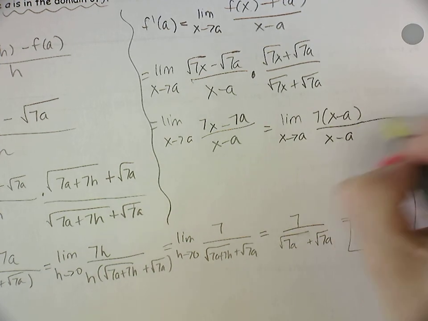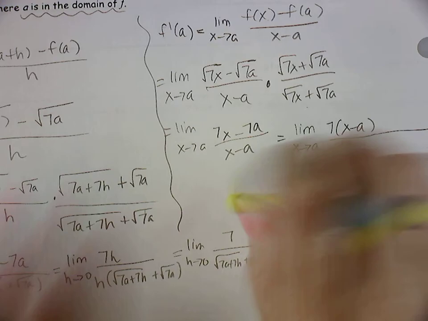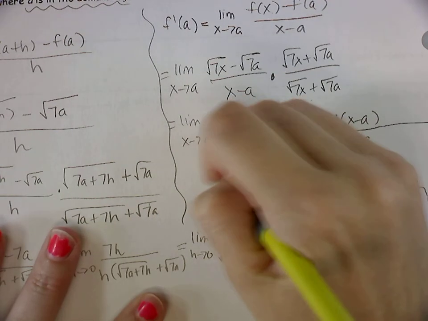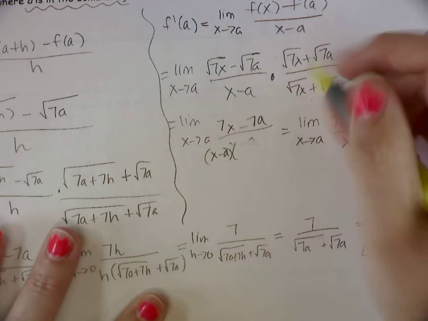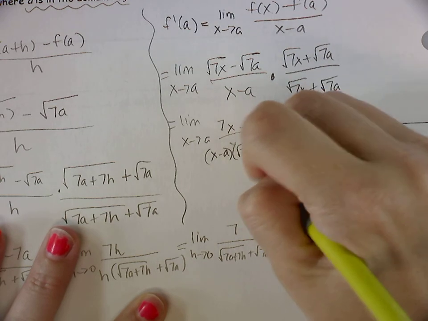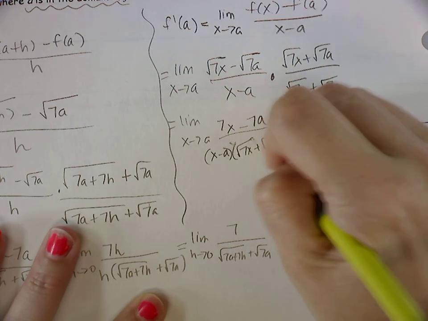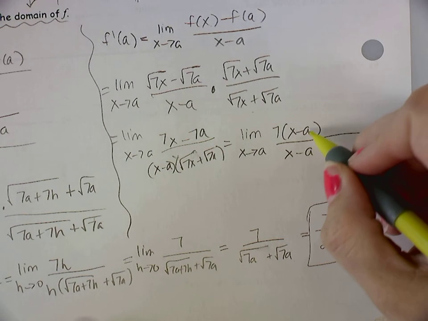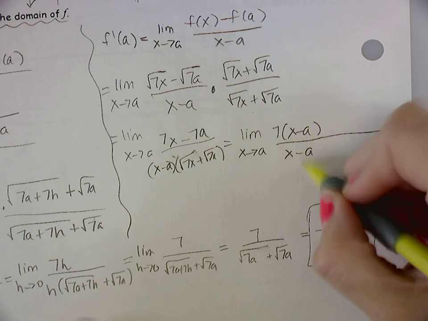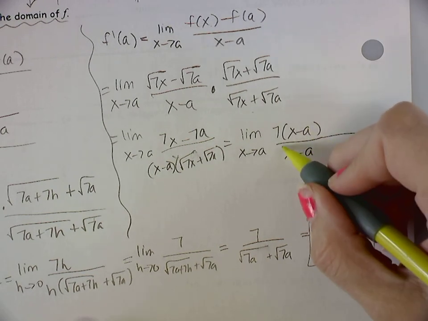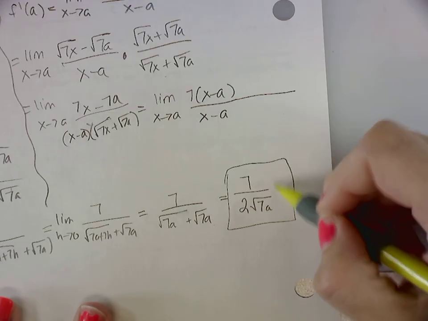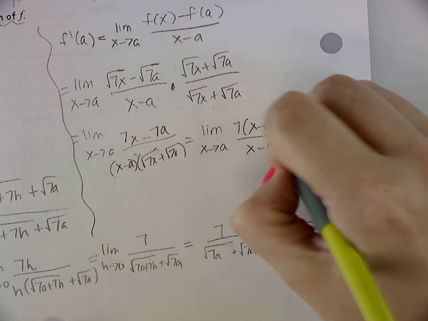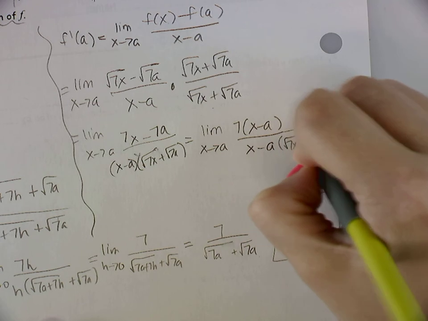I told you I forget that step sometimes. Can't do that. All right, so x minus a is multiplied by the square root of 7x plus the square root of 7a. I caught myself right away because if you were to cross those out, you'd just be left with 7. Well, that's not our limit. So this is multiplied by the square root of 7x plus the square root of 7a.